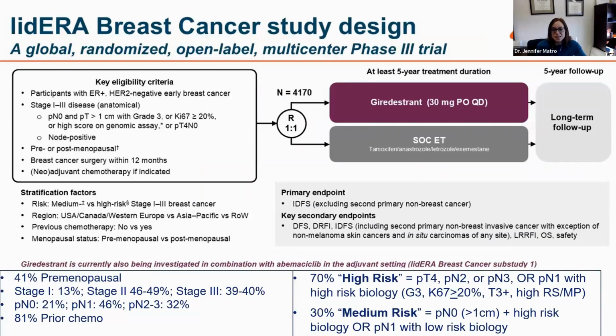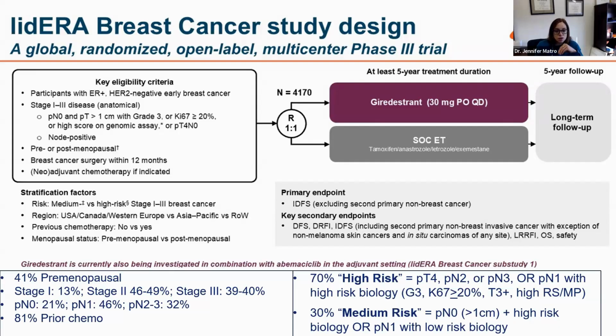And these are schemas. On the left side of the screen, you see all the eligibility criteria, and on the right side of the screen is how people are randomized. So these were stage 1 to 3 early breast cancer patients, hormone positive, HER2 negative. If patients did not have positive lymph nodes, so if they were lymph node negative, then they had to have a slightly higher risk feature.